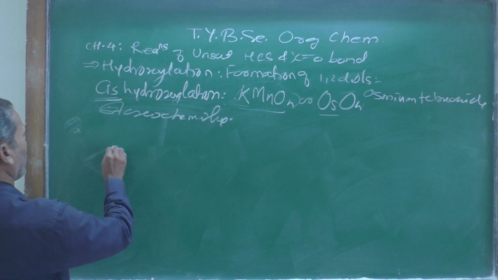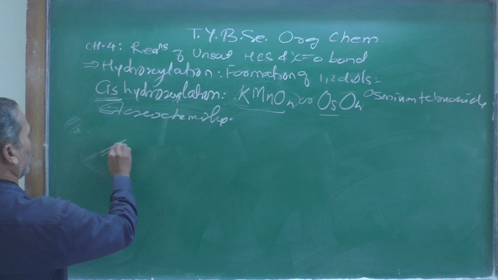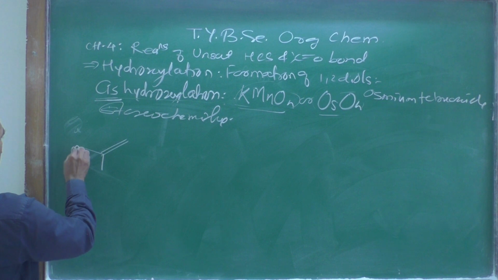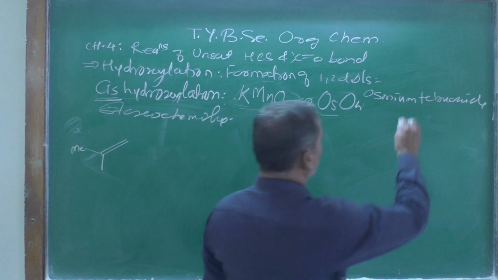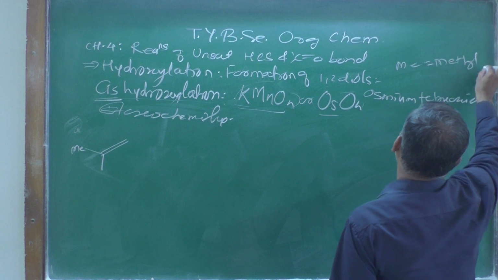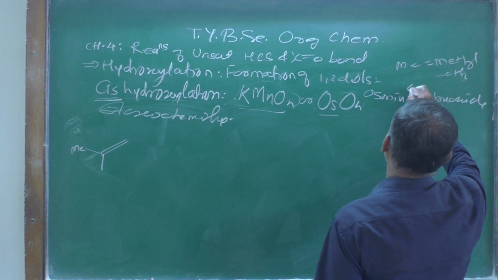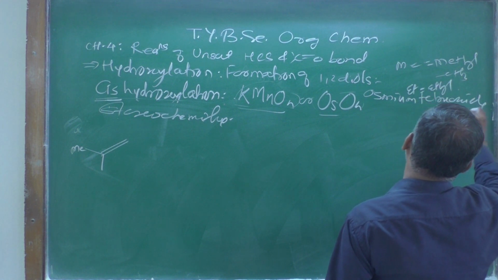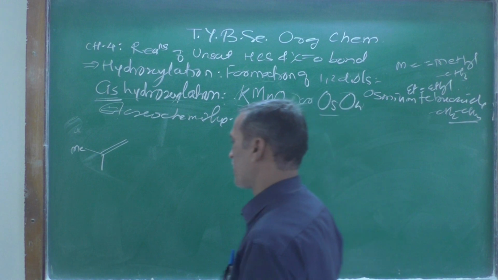Suppose the starting material is this one. This is a compound which I am writing here. Me means methyl group, the CH3 group. Et means ethyl group. Ethyl means CH2CH3. These types of groups are there.